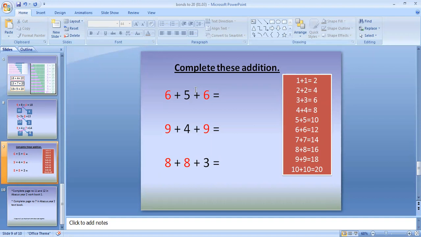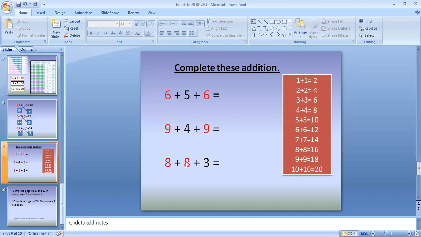In the first one, I will explain, right? In the first sum, 6 plus 5 plus 6, I have repeated the same number 2 times, 6 plus 6. And here, 9 plus 4 plus 9. Here also I have written number 9 2 times.